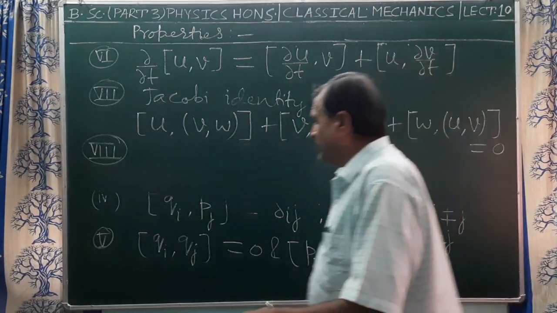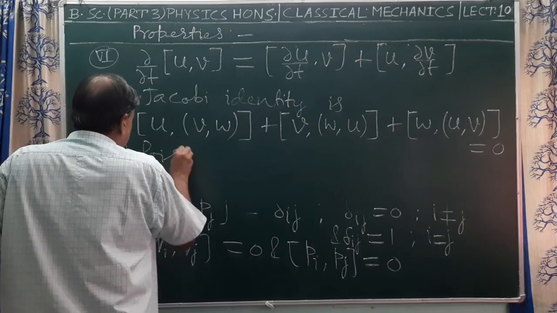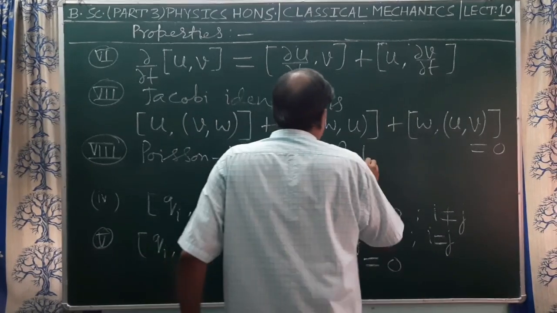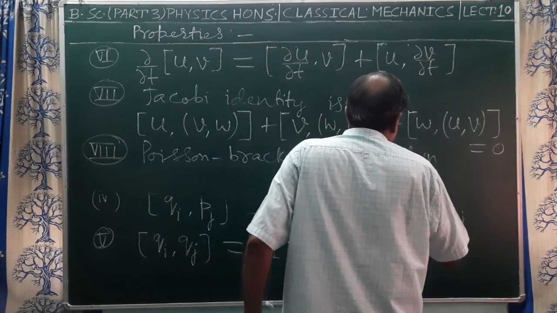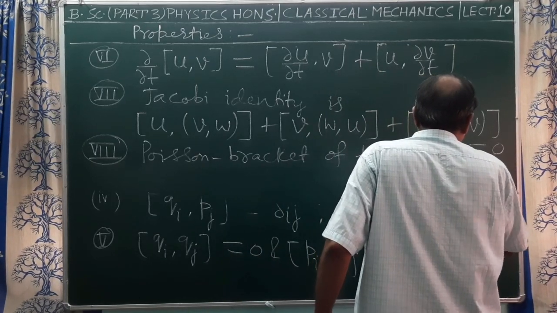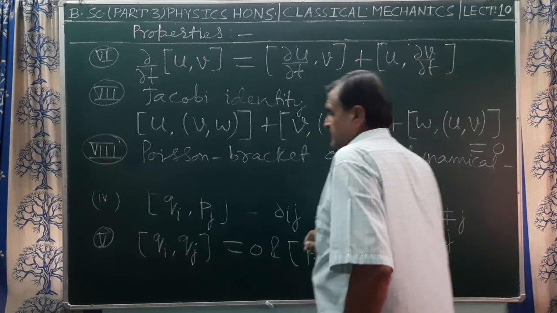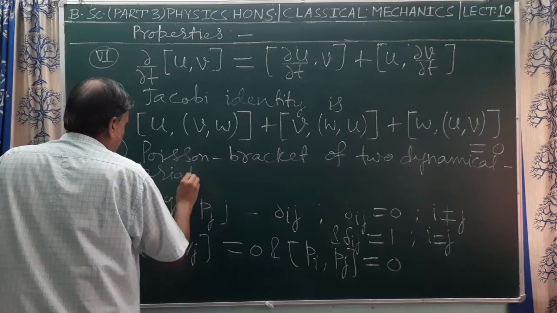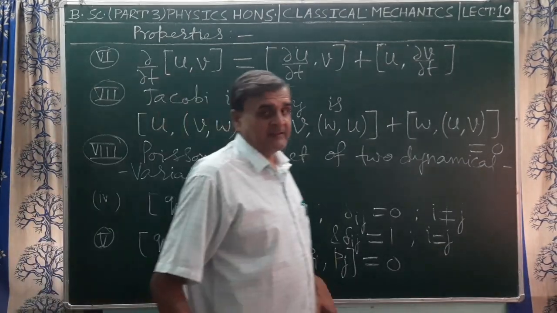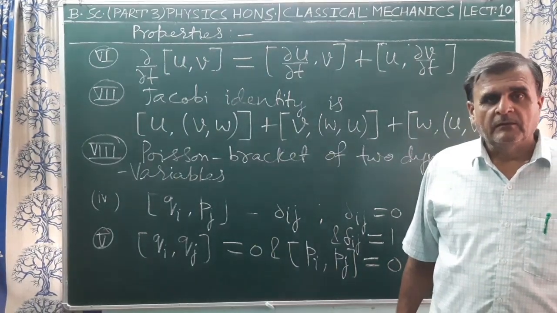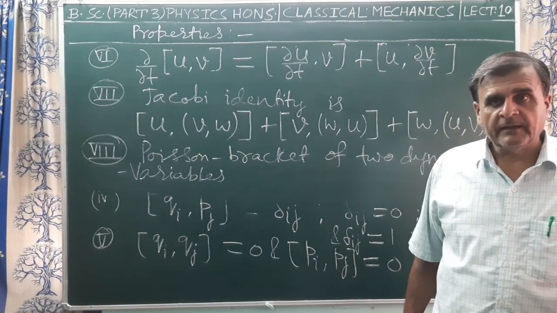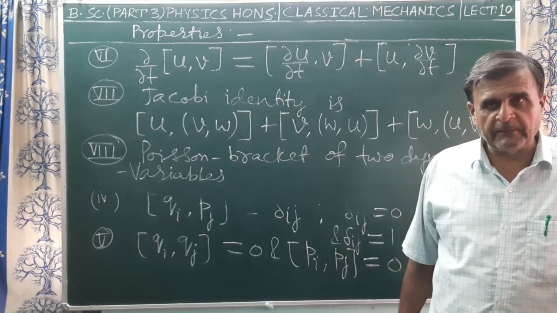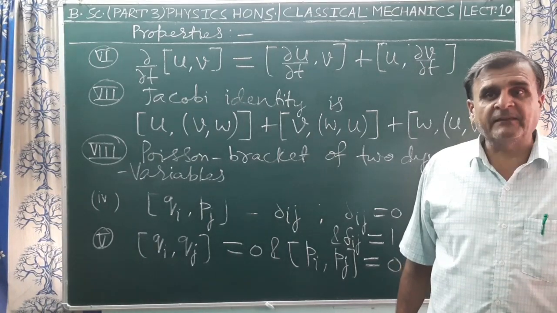So write down: the Poisson bracket of two dynamical variables, suppose two variables phi and psi, or u and v, or x and y. We can take u and v as dynamical variables, or x and y, or phi and psi.